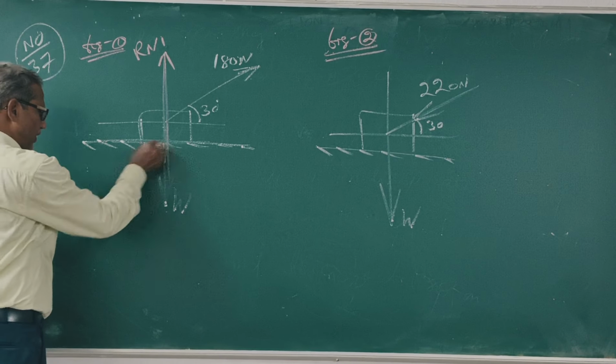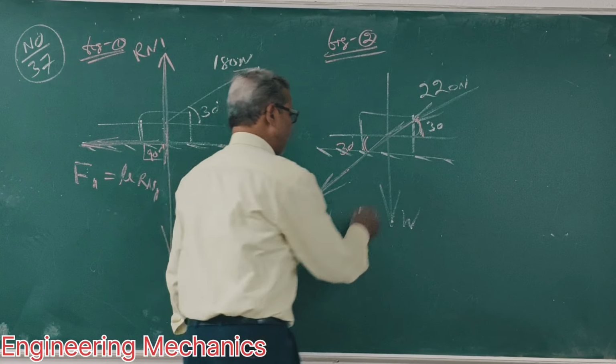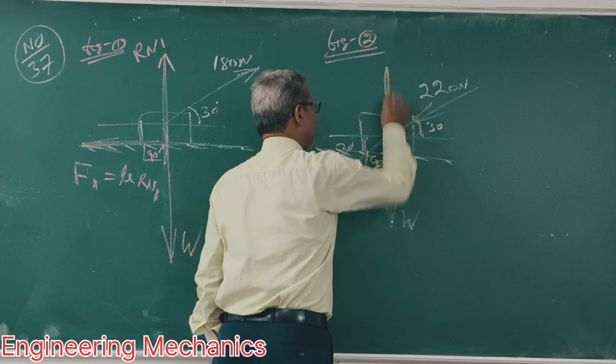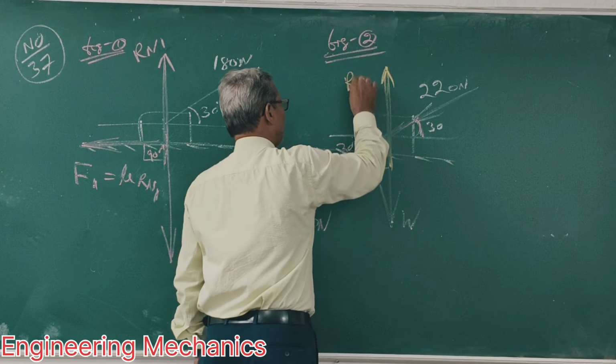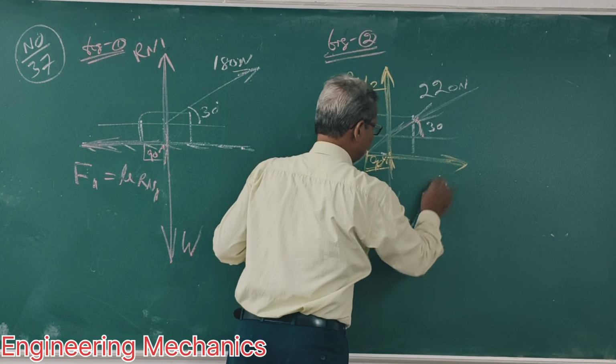Similarly, here this is the push, 220 Newton. This angle is 30 degrees, so this is also 30 degrees. Clear? This is the normal reaction Rn2. This is F2.